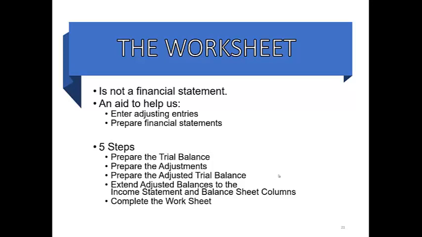We'll prepare the adjustments in the adjustment column, which will help us to complete the adjusted trial balance, which is our new trial balance with the correct balances. And then we're going to move the figures on the trial balance over to the income statement and balance sheet, and then we'll complete the bottom section of the worksheet.